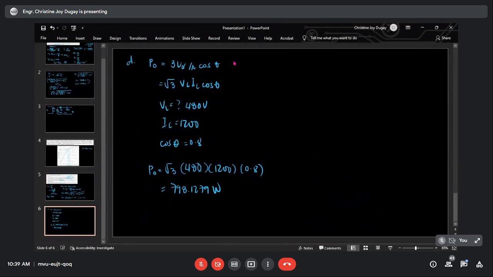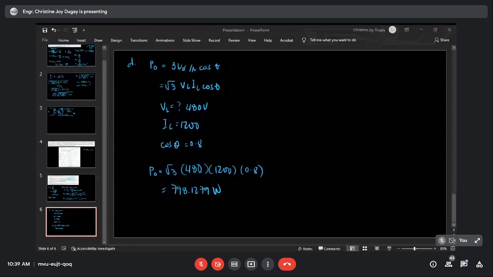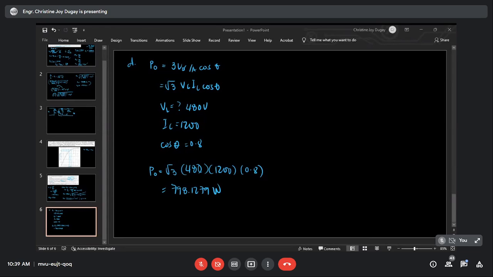Ang tinatanong is supplied by the prime mover, yan na yung P input natin.